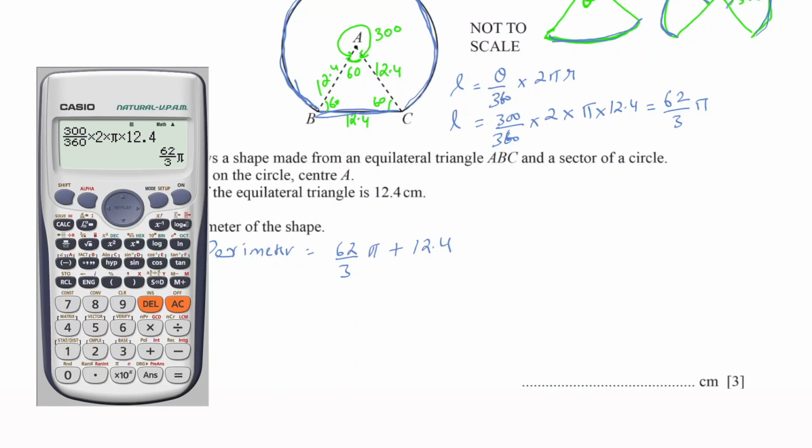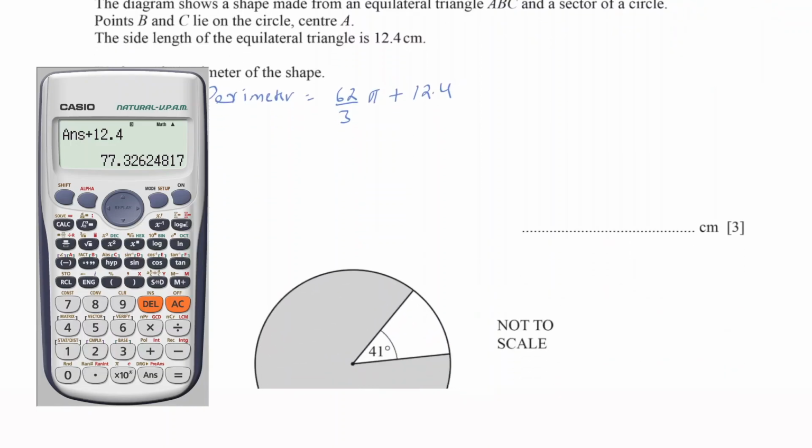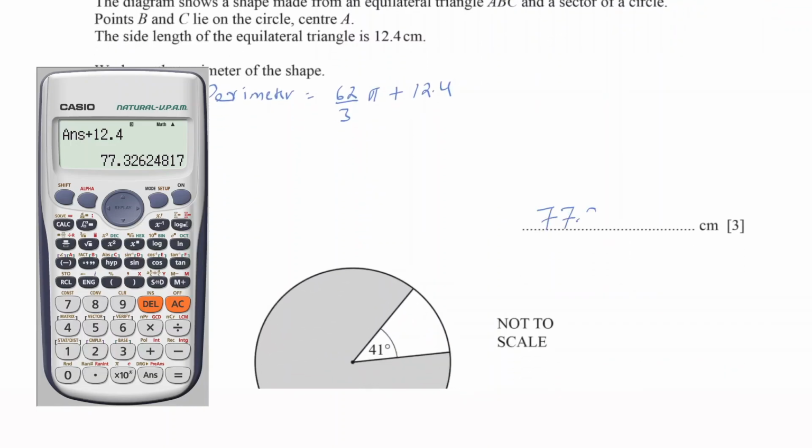Let us use our calculator to add it. That gives me 77.32. We can write 77.3. So that's our final answer.